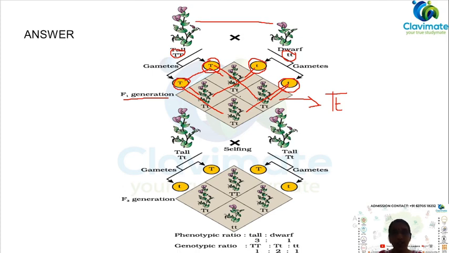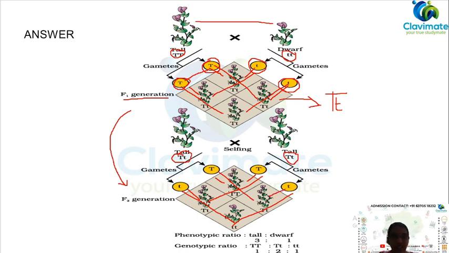So to confirm, they did an F2 generation, that is, they self-pollinated. That is T, small t selfing with T, small t. So we get gametes like this, small t, T, small t, and crossing this we get T, and small t, and T, and then small t, and then capital T and small t.